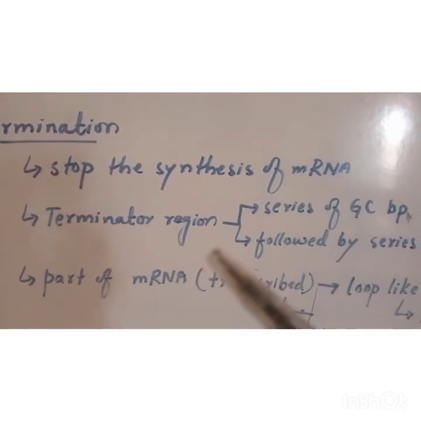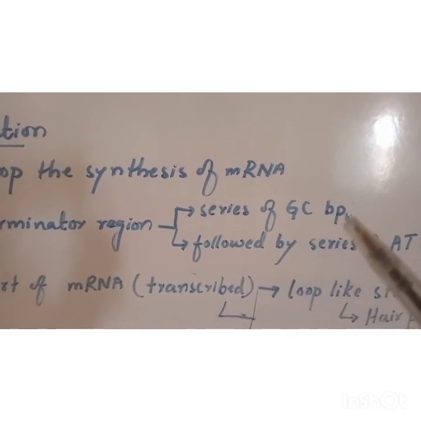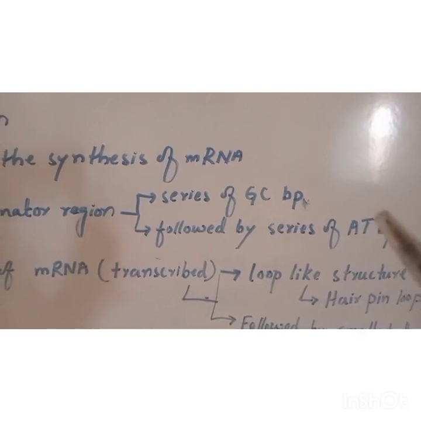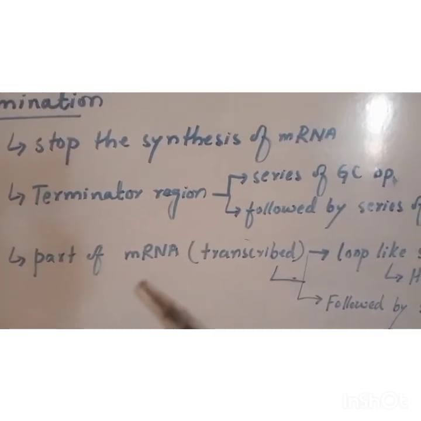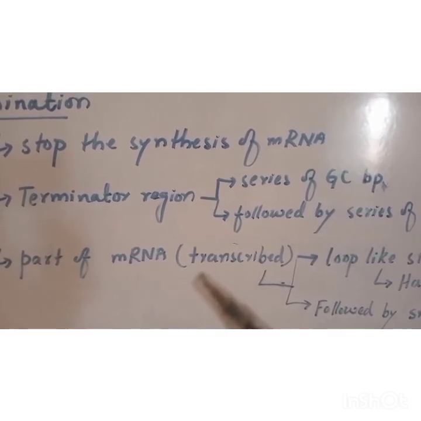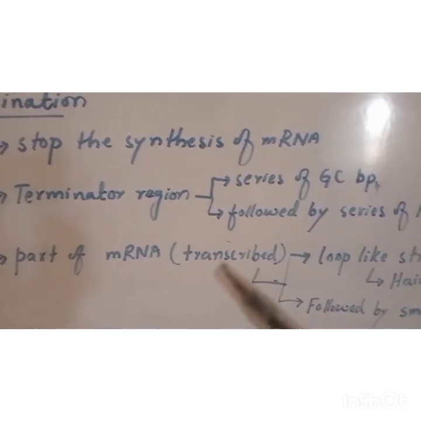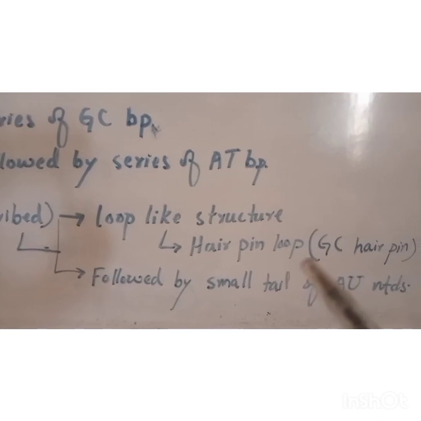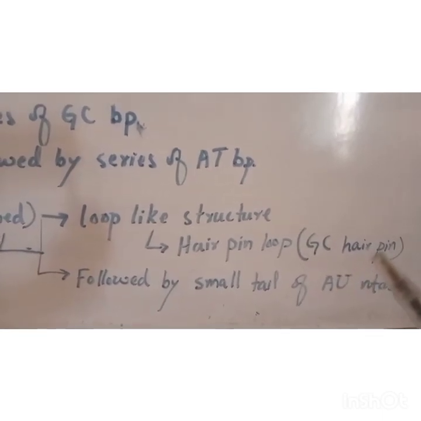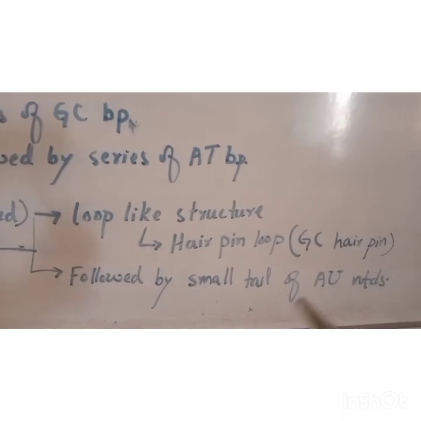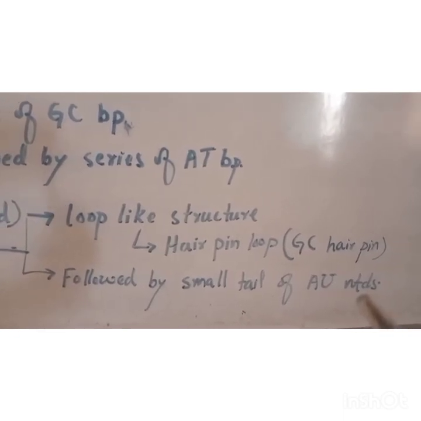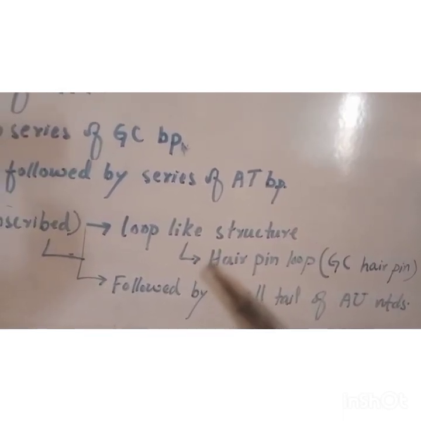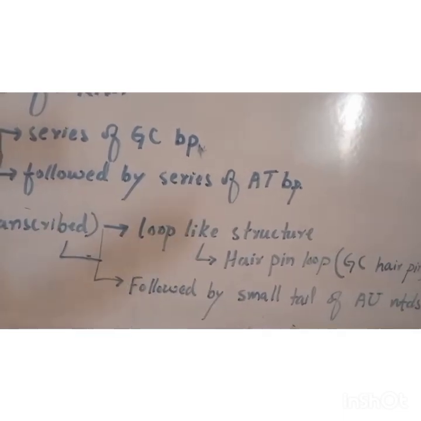The terminator region consists of a series of guanine cytosine base pairs followed by a series of adenine thymine base pairs, and the part of messenger RNA that is transcribed in the terminator region forms a loop-like structure known as the hairpin loop or guanine cytosine hairpin, followed by a small tail of adenine uracil nucleotides. The hairpin loop takes part in the termination of the messenger RNA synthesis.